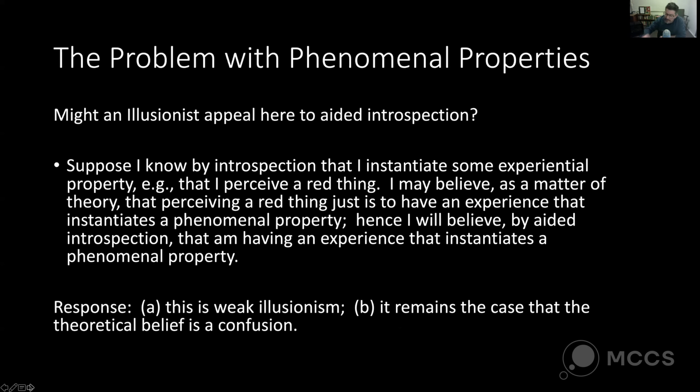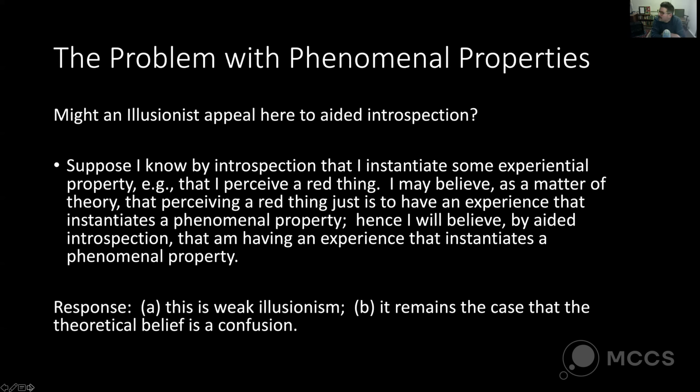So how might an illusionist respond to this problem? Well, one way they might respond is to appeal to what we called last time aided introspection, introspection that's aided by background theory. So you could, for example, assume that you know by introspection that you instantiate some experiential property in the sense that Nida-Rümelin has in mind.